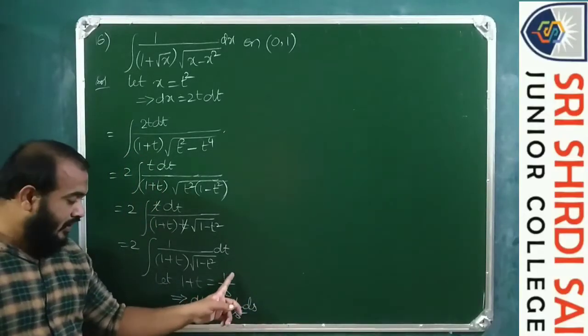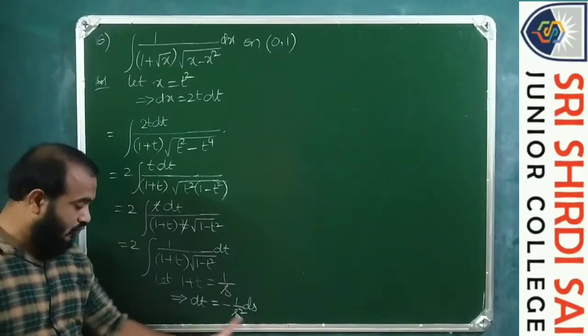d by dx of 1 by x is minus 1 by x square.